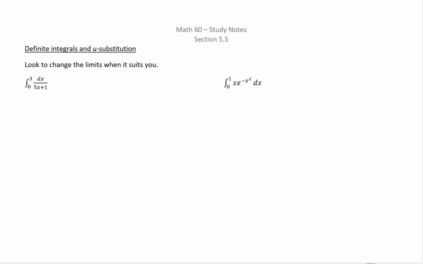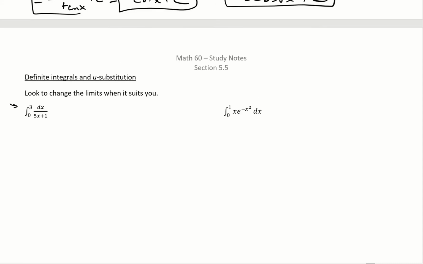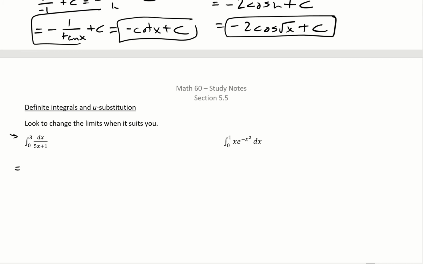All right, so this first one says the integral from 0 to 3 of dx over 5x plus 1. Now, sometimes you just want to help people along and go, listen, this is really the integral from 0 to 3 of 1 over 5x plus 1 dx, like so. I don't know how to integrate that.